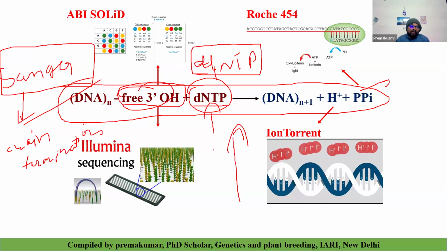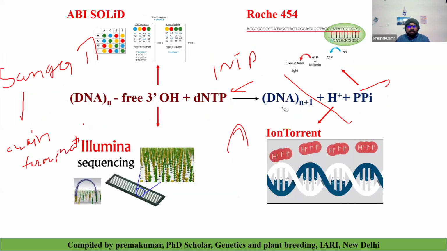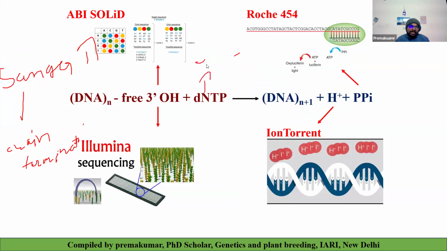So your DNA polymerase enzyme is unable to add further dNTPs, and your DNA growing chain will be stopped. That is the fundamental principle of Sanger sequencing: while DNA replication, instead of adding dNTPs, we are adding ddNTPs.